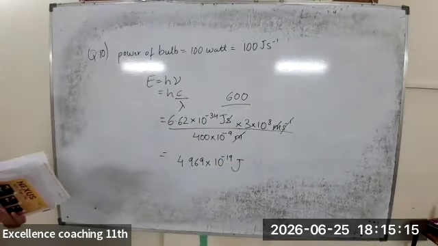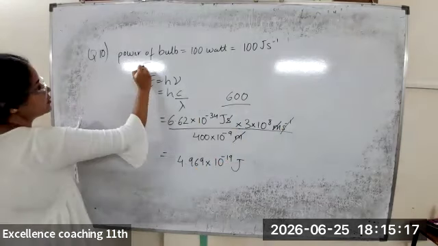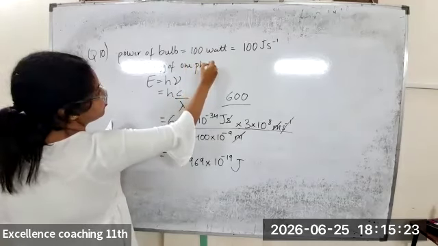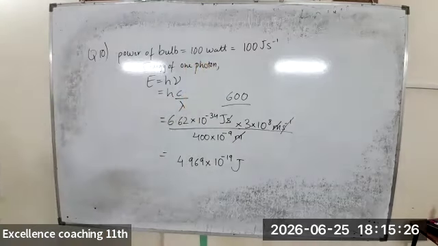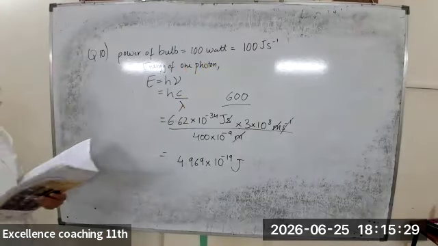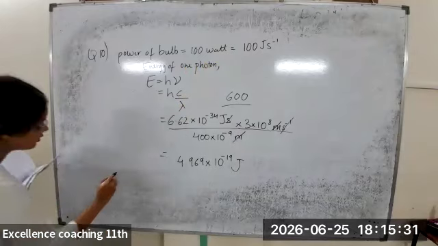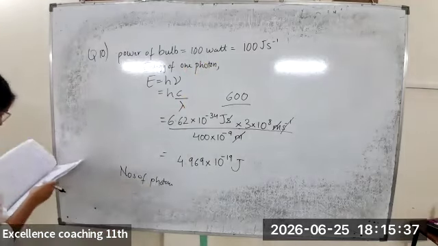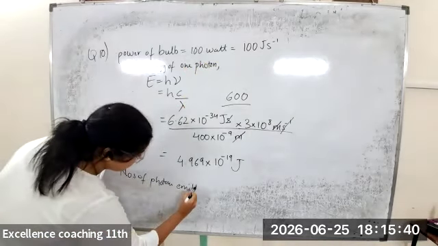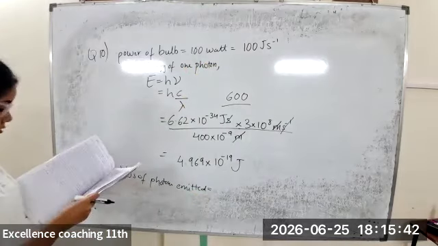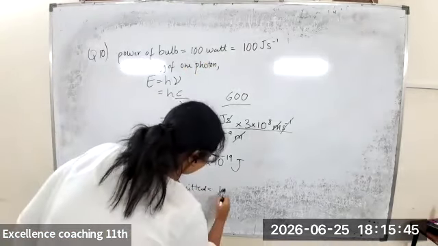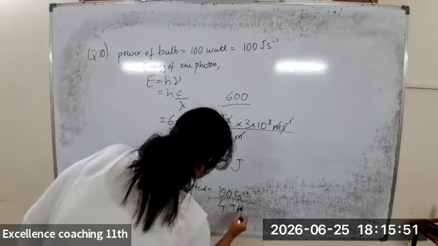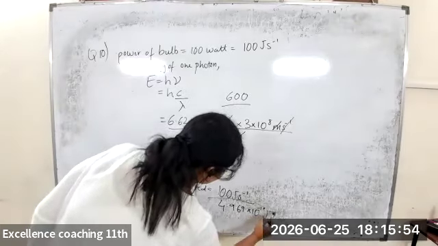So basically this will be nothing but the energy of one photon. So the number of photons emitted will be 100 joule second inverse upon 4.969 into 10 raised to minus 19 joules.